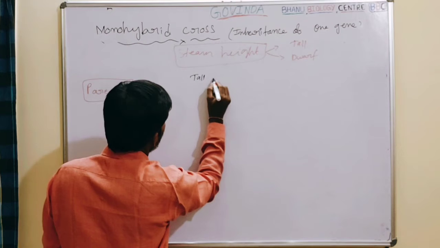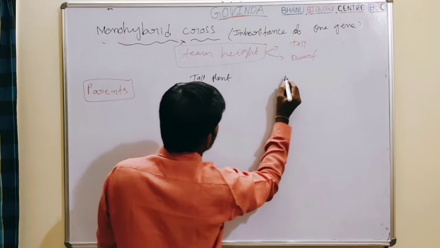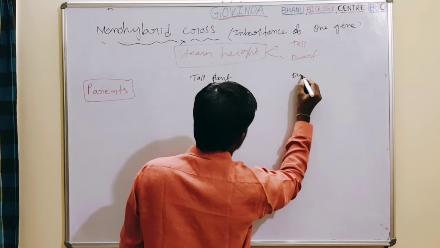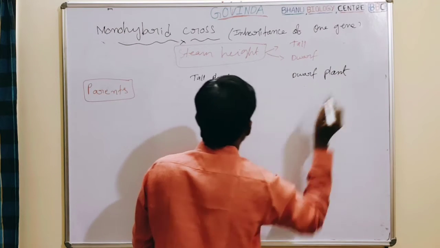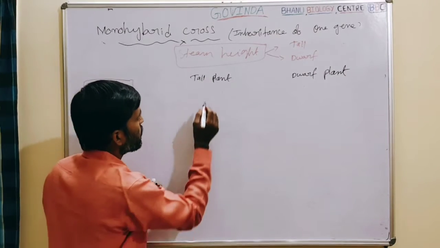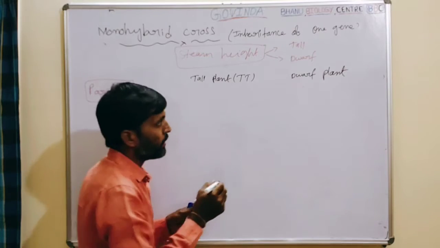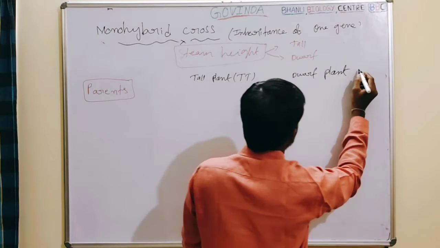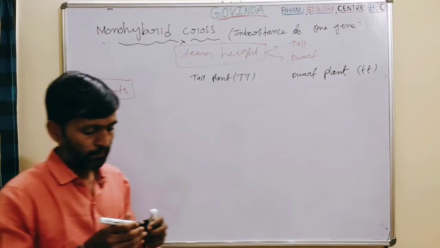One is a tall plant, another one is a dwarf plant. The tall plant in homozygous condition is represented as capital T, capital T. The homozygous dwarf condition is represented as small t, small t.